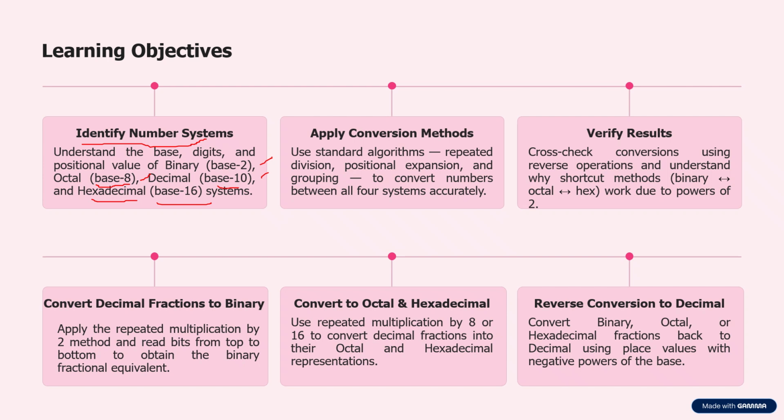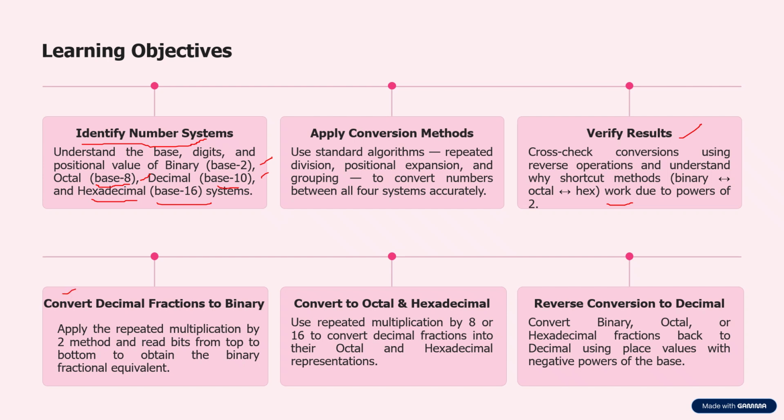These tools ensure that our conversions are precise and reliable. Also, understanding why shortcut methods like converting between binary, octal, and hexadecimal work so seamlessly is key. This is because all these systems are related through powers of 2.